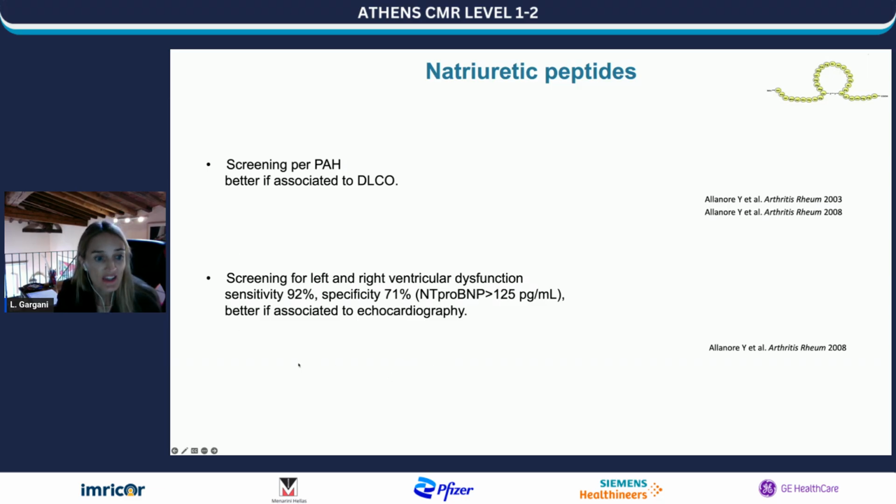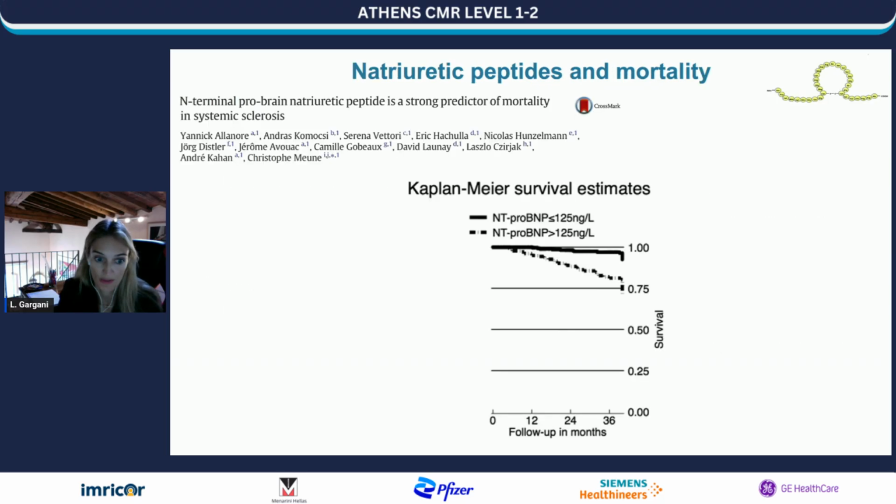And you see here that if for PAH, natriuretic peptides are more specific than sensitive, if we go to left and right ventricular dysfunction, in this case, NT-proBNP is very sensitive, even more than specific. And again, it's better, of course, if associated to echocardiography. So here again, we have the same concept that these biomarkers work very well, but work even better if you use them in association with other tools.